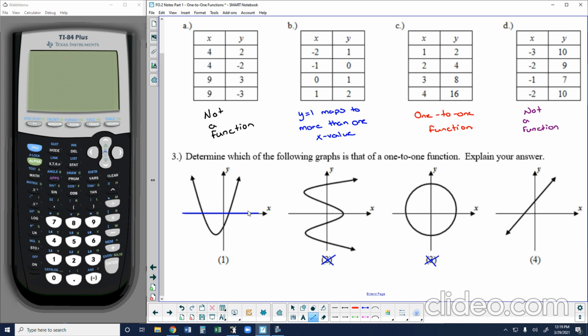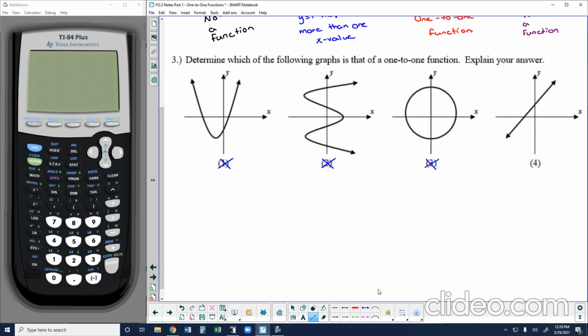I can see that there are 2 x values for that single y of y equals 0. So 1 is not a one-to-one function. Graph 4, however, is one-to-one. So it passes both the horizontal and vertical line tests.